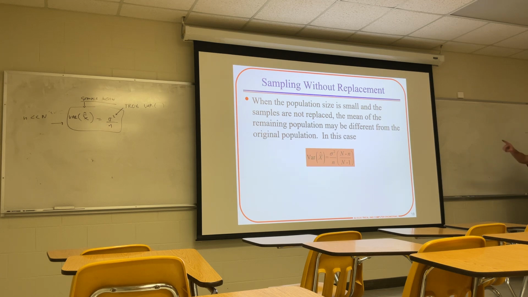What I put up there is true for sampling without replacement, where you're sampling a small number of the total number, like say 100 out of 10,000. But if you've got something that's small in size and you're sampling it, and you're not replacing that resistor that you sampled, it's called sampling without replacement, then this would be the variance, where capital N is the number of samples and small n is the sample size.